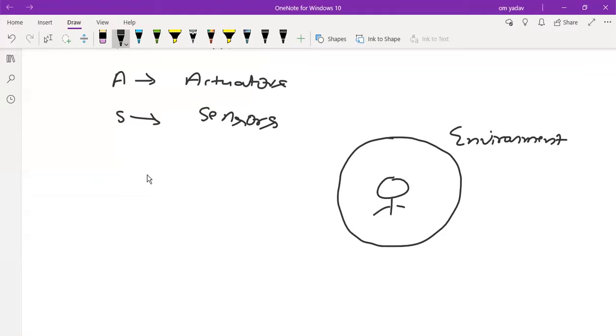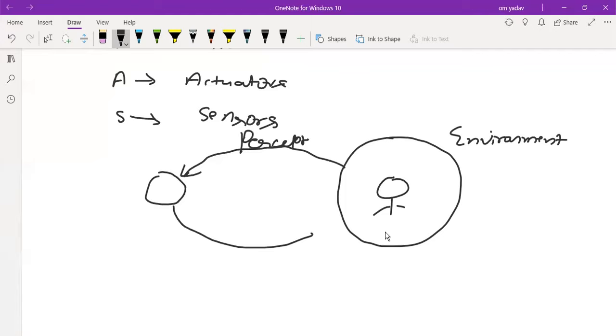Okay, so basically here we will have, suppose from here it will sense, percept, and it will perform certain action.